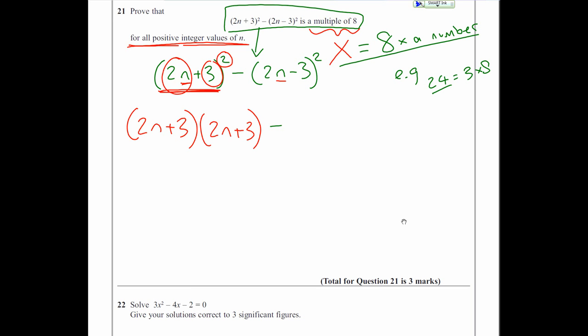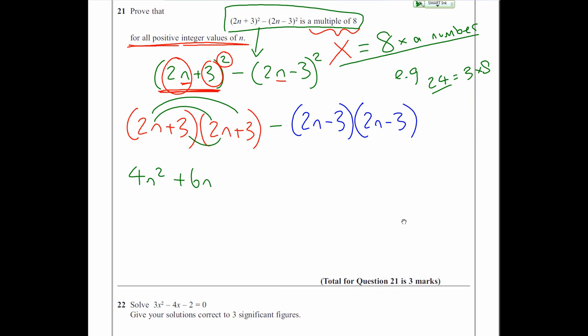Same with the second bracket. 2n minus 3 times 2n minus 3. Okay. Let's times out the brackets using the banana method. 2n times 2n, 4n squared, plus 6n, plus 6n, plus 9.